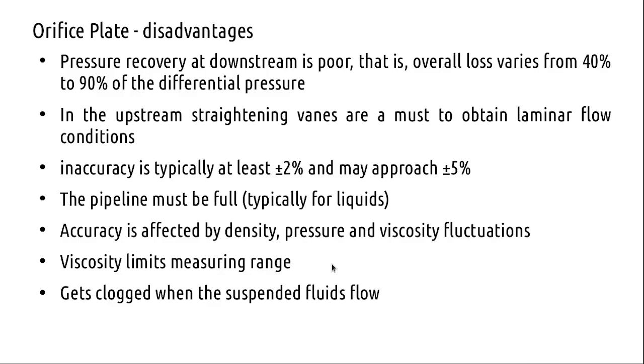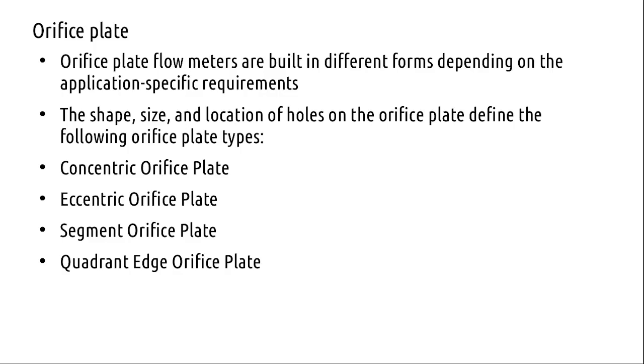Quite a few fluid particles will always be suspended near the orifice plate, and that's going to reduce the bore diameter. There are other alternatives to prevent sedimentation or clogging of the orifice plate. You have different geometries for different applications: concentric, eccentric, segment orifice plate, or quadrant edge orifice plate.